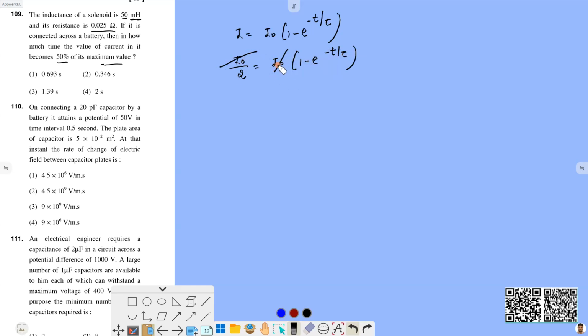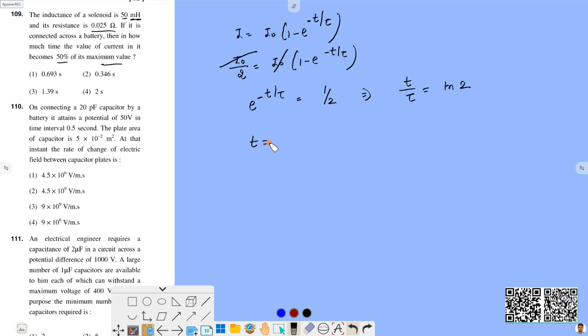Cancelling this and solving, we will get e raised to power minus t by tau is equal to half, and if we take ln of both sides, we will get t by tau equal to ln 2, and ln 2 is 0.693. That is the standard value, we have to remember it.